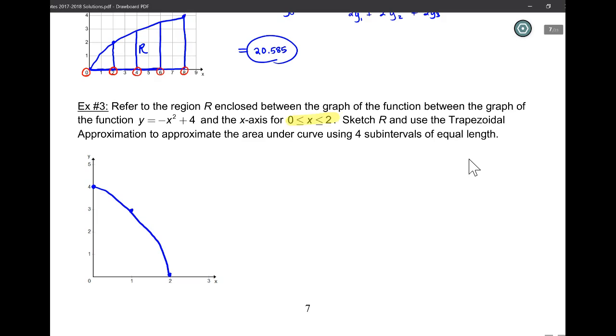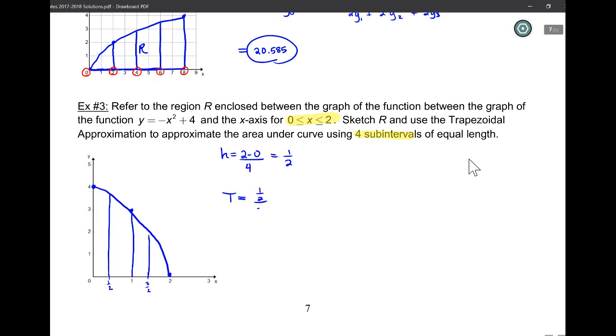And we want to approximate this with 4 subintervals of equal length. So this time the height is going to be 1/2. So here's a half, here's 3 halves, so I'm looking at the trapezoids created here.